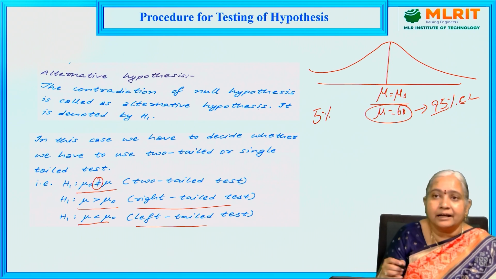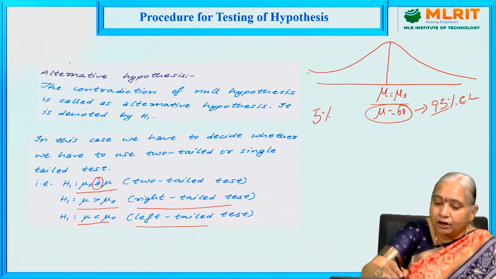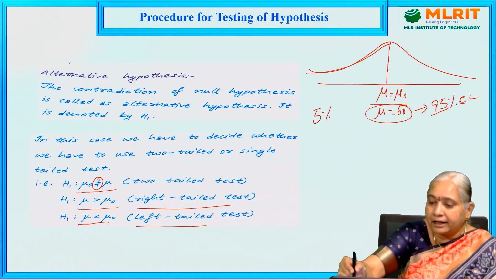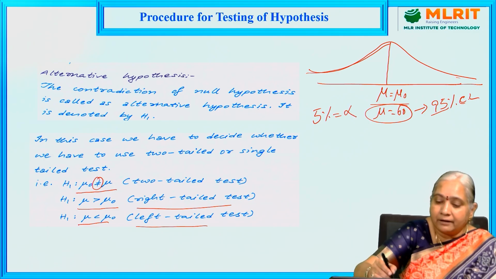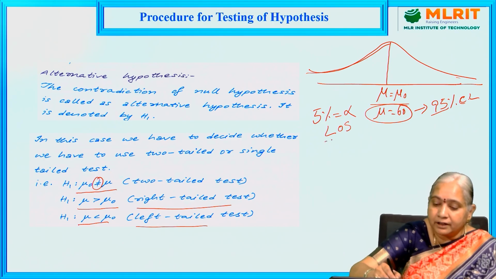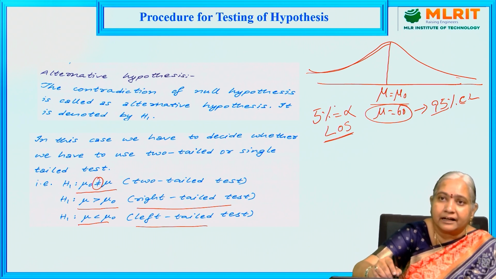That error is divided into two parts, on the left tail of the mean and the right tail of the mean. This error is denoted by alpha, which is called the level of significance. So the level of significance is the error in my claim. With the remaining 95% I have confidence in this claim, and the remaining 5%, alpha, is the error in my claim.